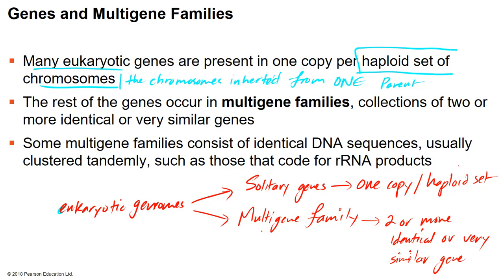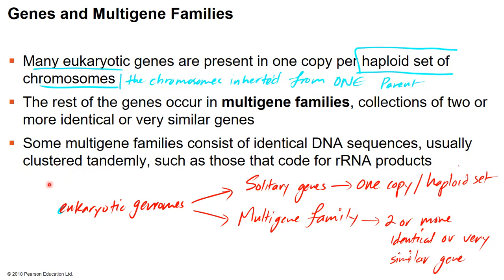Now, again, these genes could be identical DNA sequences. And usually the multi-gene families that consist of identical sequences cluster tandemly. Cluster means they group together.